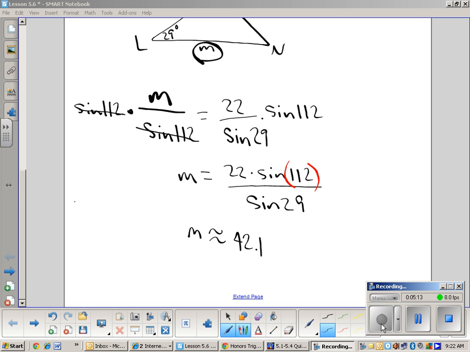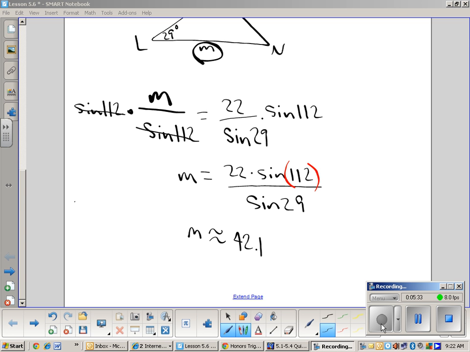If they don't tell me where to round, I typically round to the tenths. The scientific rule you're probably given in science is you always round to the least accurate number.